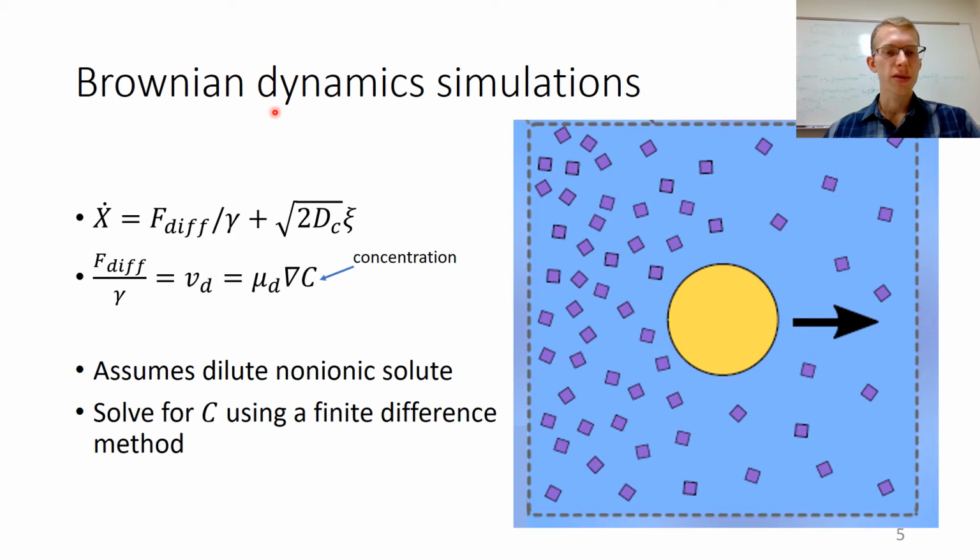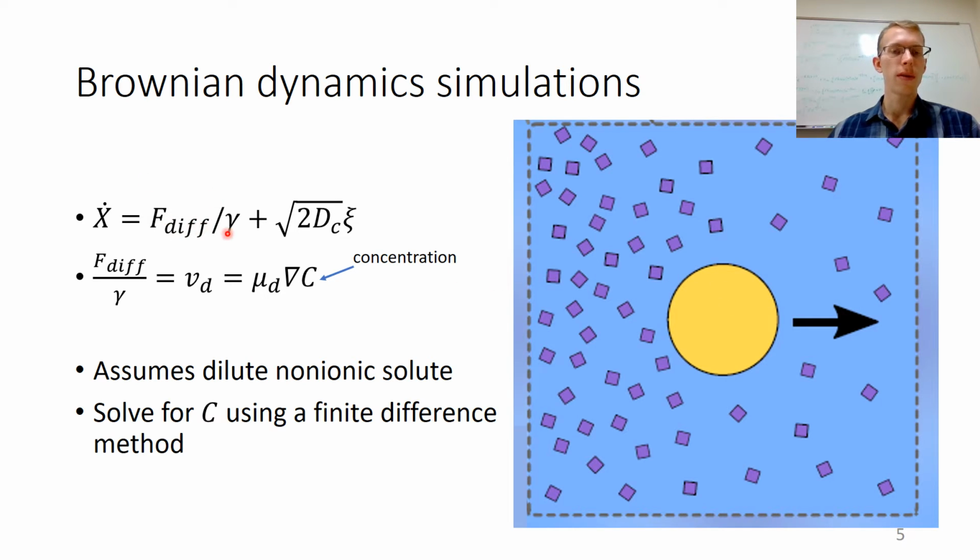Our simulations are similar to Brownian dynamics. We start with an ordinary Brownian dynamics equation, except there's no interaction term between particles, because there's only a single colloidal particle. However, there is an interaction between the particle and the solute. The gradient in the concentration of the solute exerts a diffusiophoretic force on the particle and causes it to move.